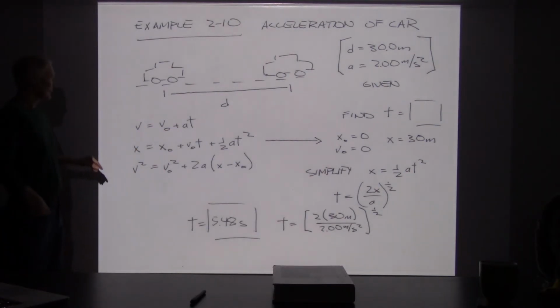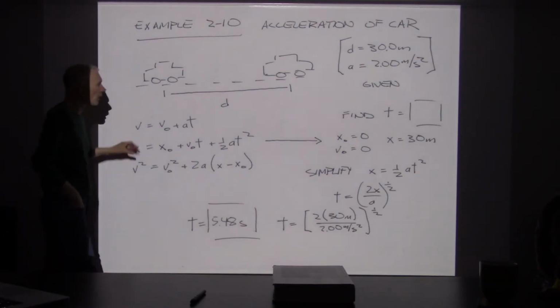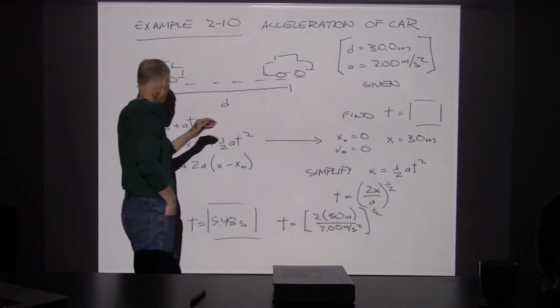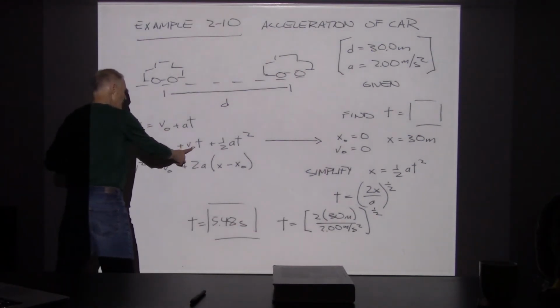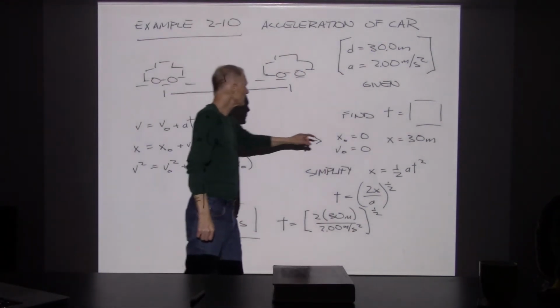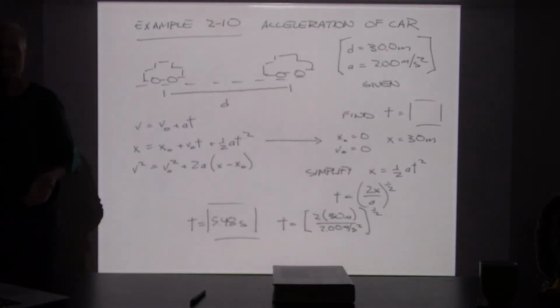These are the two that have time as a variable. So I'm working from both these equations so far. Let's think about putting some numbers in for x naught and v naught. Now, x naught is 0. We can define x naught to be 0.